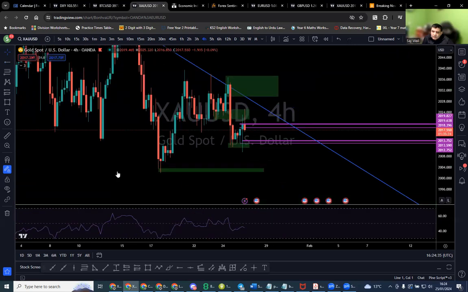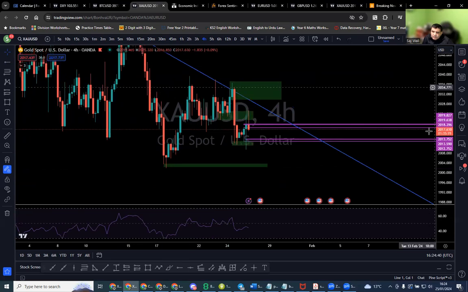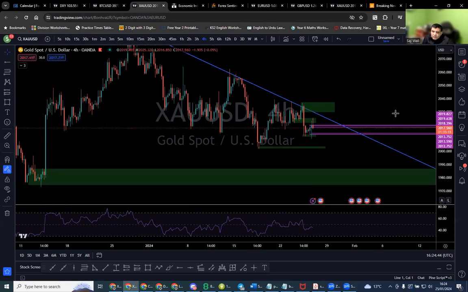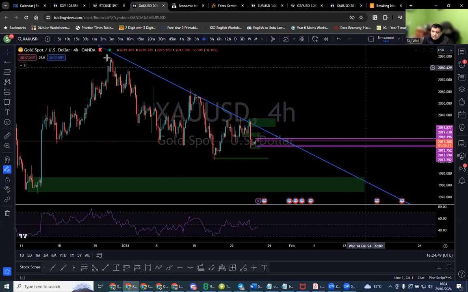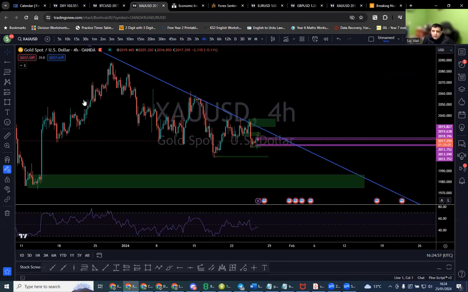Right, this is a 4-hour chart of gold, and in 4 hours it's bearish. You can see it is making higher highs and higher lows. Okay, this is high, this is low, high, low, high, low.